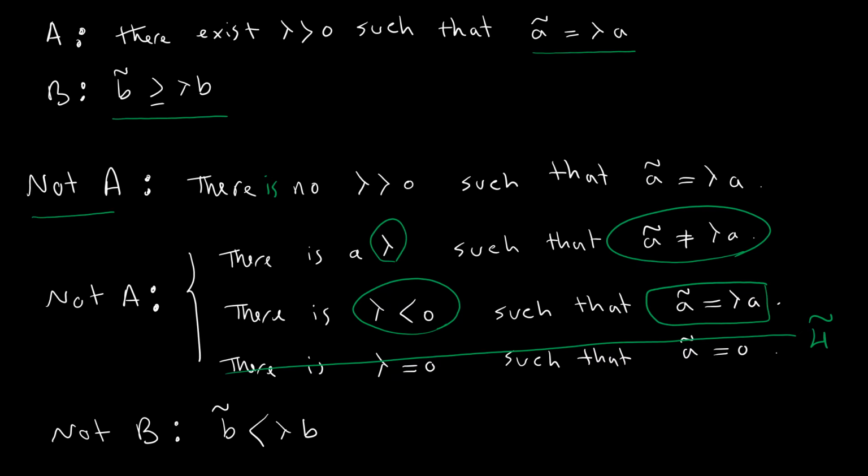And notice that for negating A, I didn't assume negating B because it doesn't matter. We just need to have the negation of A or negation of B. And based on those, we are going to define three different cases, which I will explain in next slide.